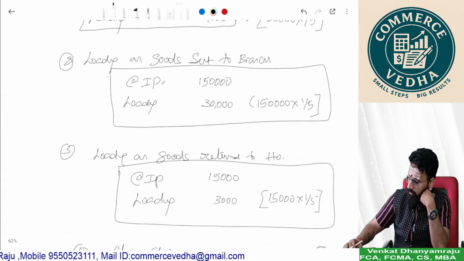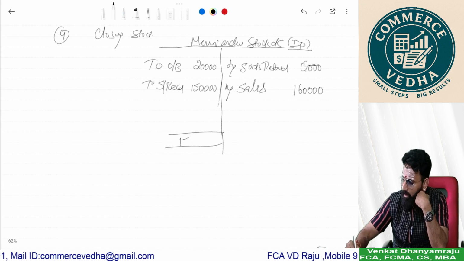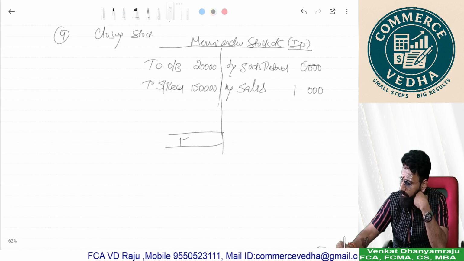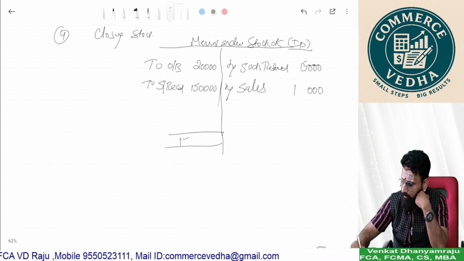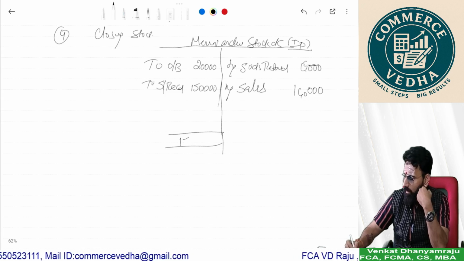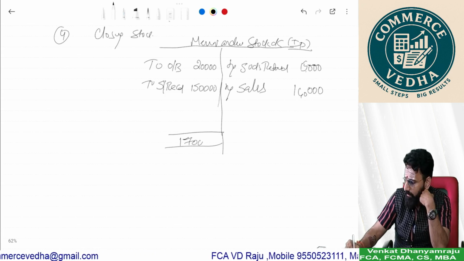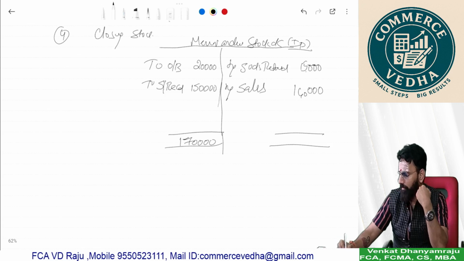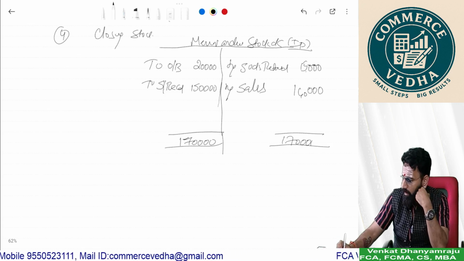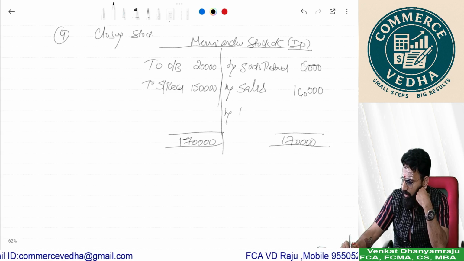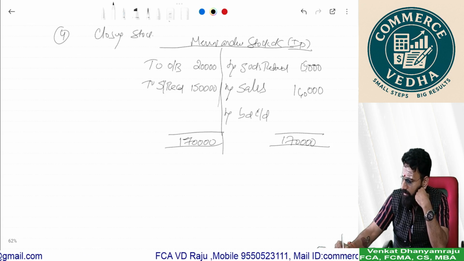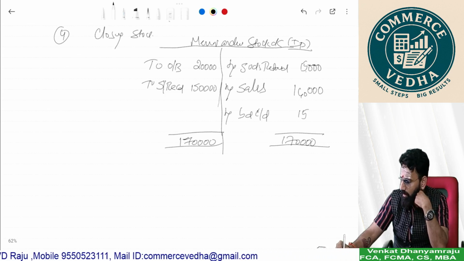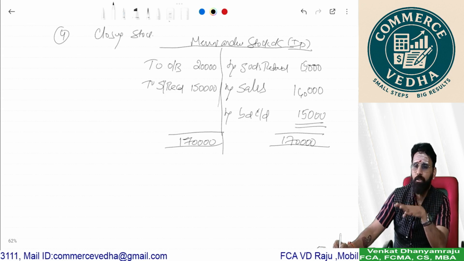So here sales is 140. So the total is 170. Here it is 155. So my closing stock balance carried down is 155 minus 170, which is 15,000. That is my closing stock.